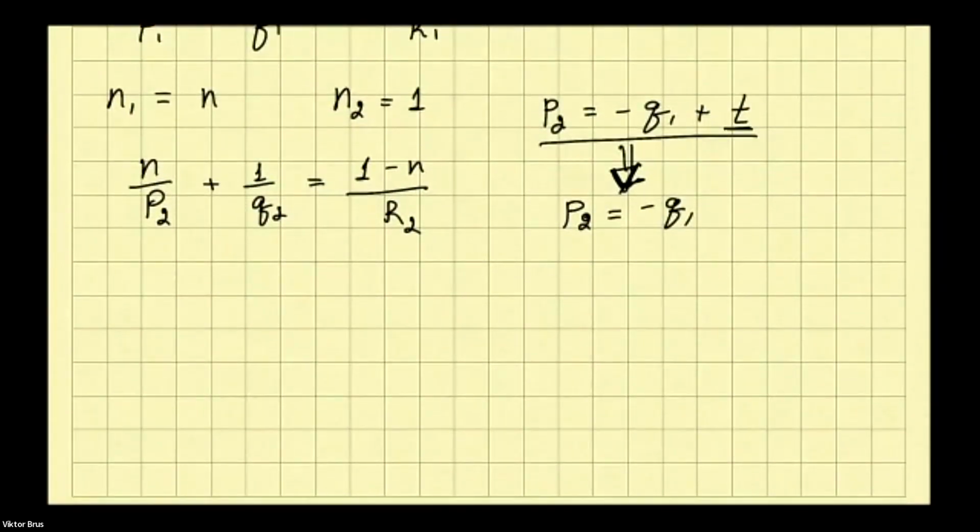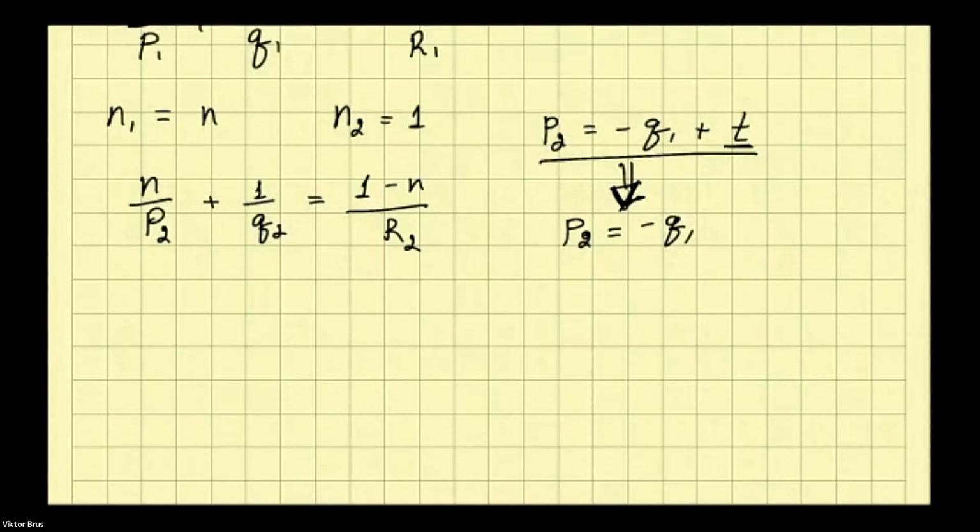So now, if we substitute P2 with minus Q1 here, we will get minus N divided by Q1 plus 1 divided by Q2 equal to 1 minus N divided by R2.